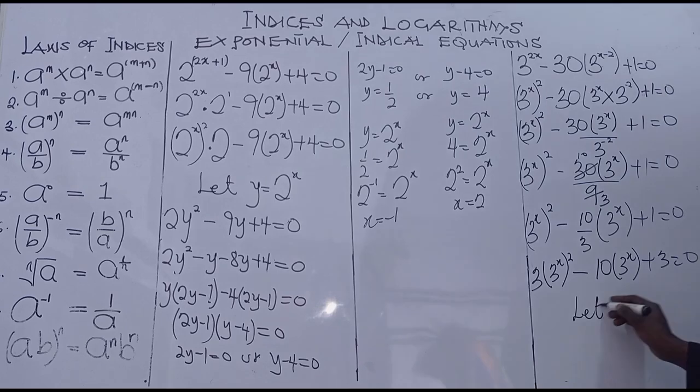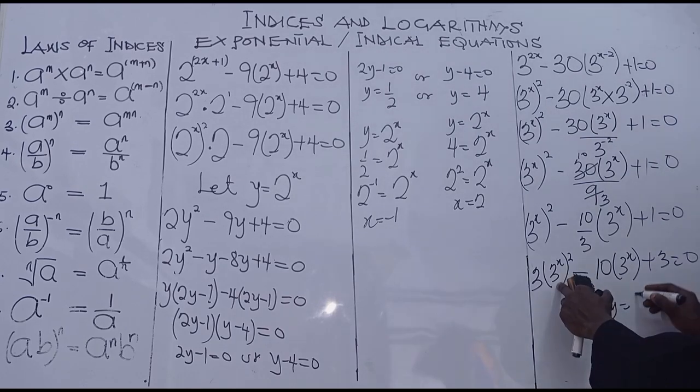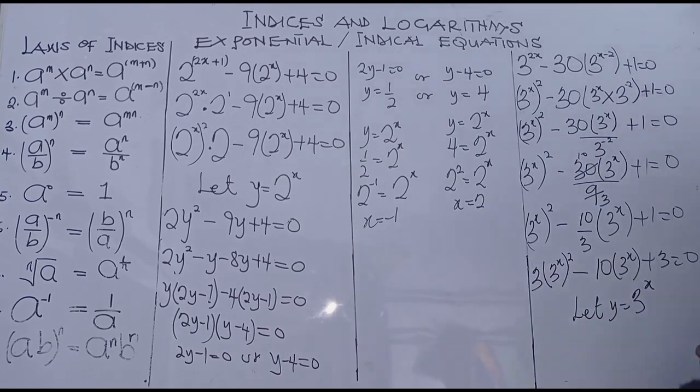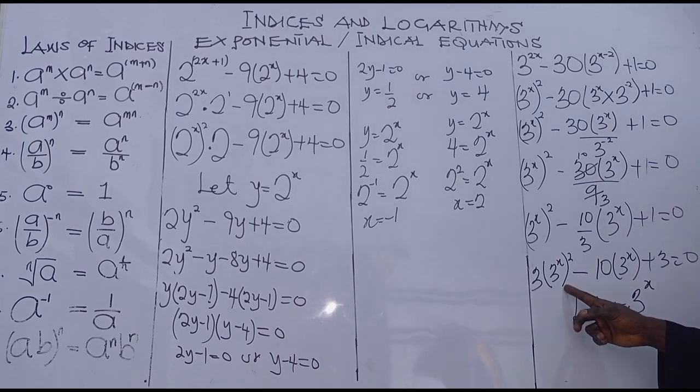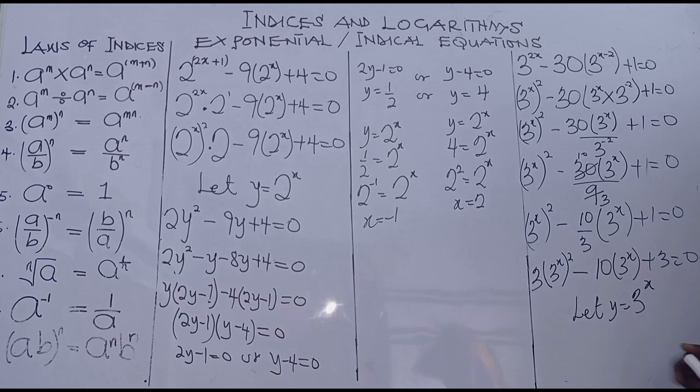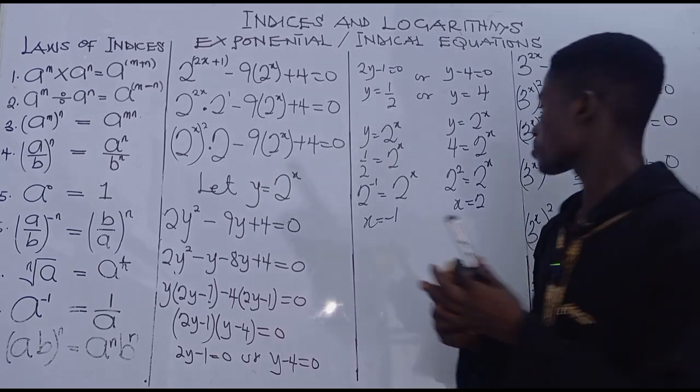So we are letting y be equal to 3^x. Meaning that wherever we see 3^x, we have to substitute y. So we have a quadratic equation. So let's continue from this side.